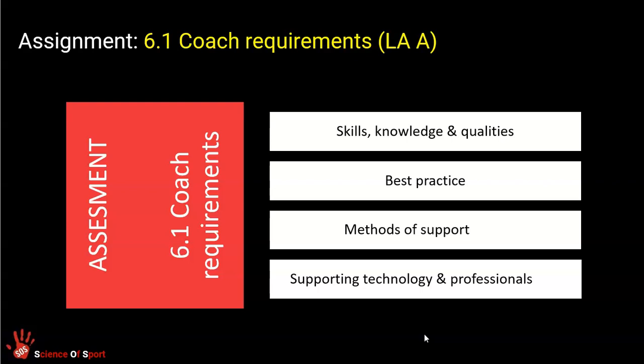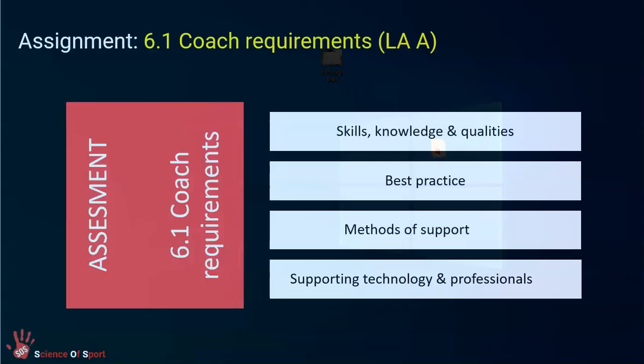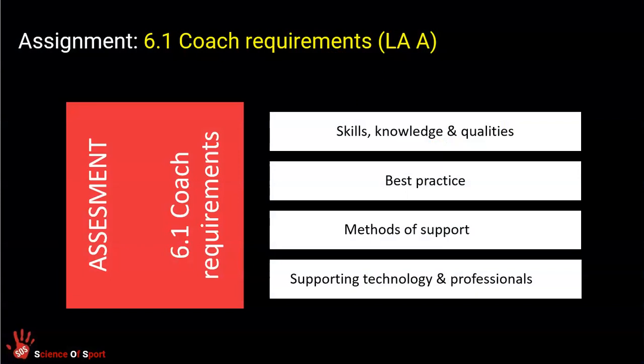So it's things like what skills, what knowledge, what qualities should a coach have to be effective? What's best practice? And by that, what I mean is, how do you keep participants safe? How do you behave ethically, professionally, appropriately, in order to maintain a safe environment and protect yourself and them?